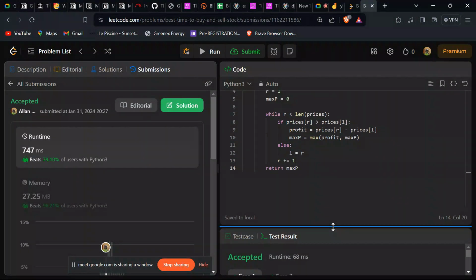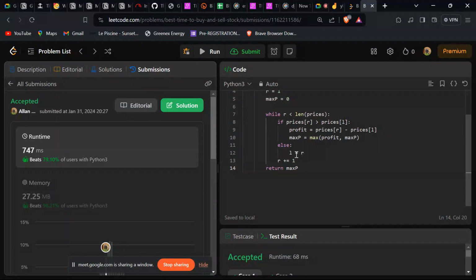So with this particular if statement, we are saying that for us to make a profit, we only want to iterate through this portion if right is greater than L. But if right is not greater than L, then we cannot make any other profit, so L is pushed all the way to R, because L can never be greater than right.